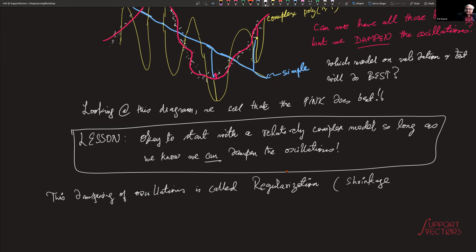What are we shrinking? The oscillations. We are shrinking the oscillations, isn't it? So that's that. So now how do we do that? There are quite a few interesting techniques, and in the next hour, we are going to learn about these techniques one by one. But before I do that, let us ask this question.